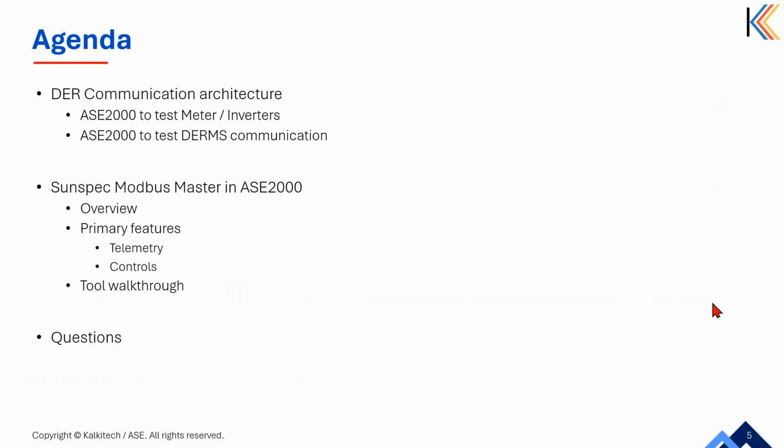And finally, we will go through the demonstration of this capability against a simulator, and we can showcase what exactly we have implemented in ASE 2000, how we see it is to use the tool to navigate through the protocol models. So those are the points we are planning to cover.